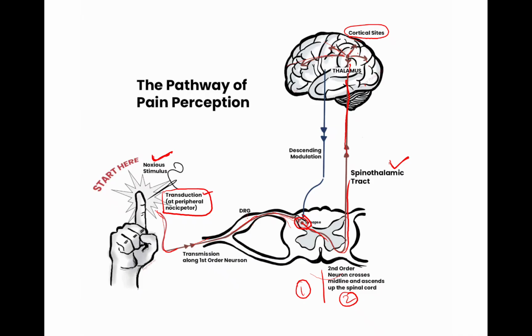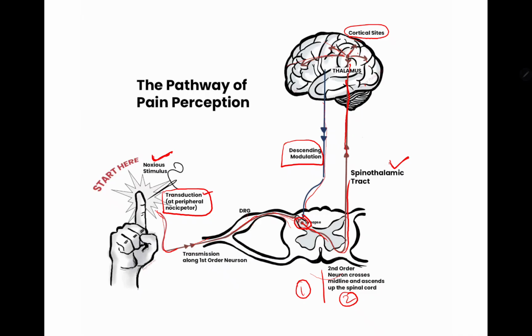Now here what is happening is the descending modulation. What is descending modulation? The brain doesn't just receive the pain, but it also sends signals down to the spinal cord to control the pain. This is the descending modulation.